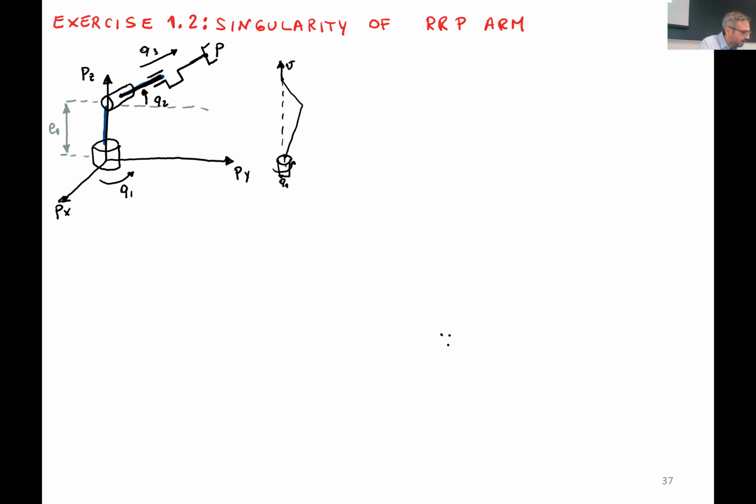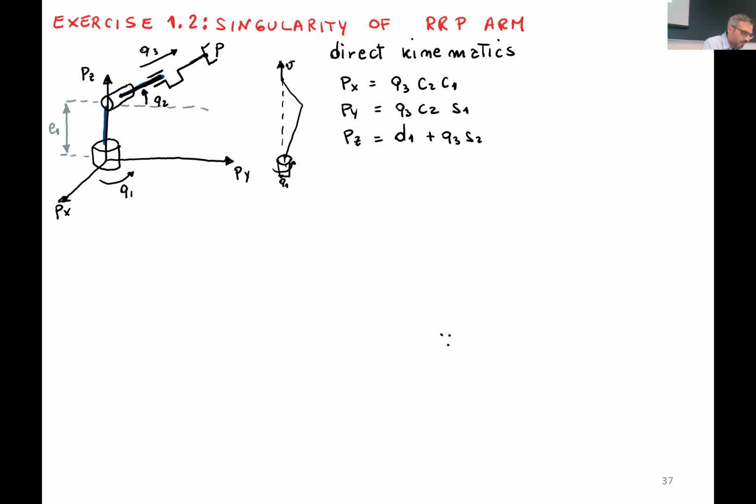Now, if we write the direct kinematics of this robot, which is a RRP robot, so rotational, rotational, prismatic joint robot, we have this expression for the end effector coordinates. And again, we want to compute the analytic Jacobian with partial derivatives.